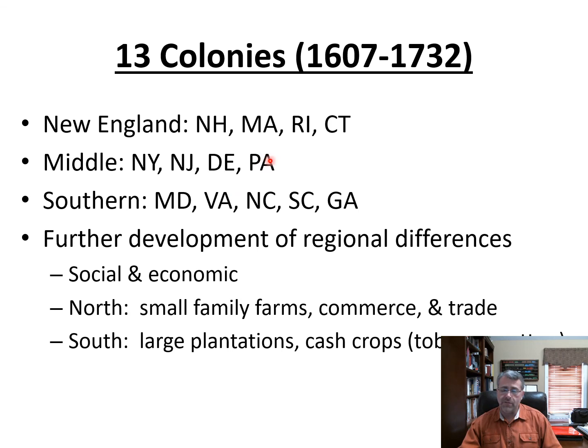Delaware and Pennsylvania, we've got a lot of Germans and other European ethnicities living in these colonies. So these middle colonies have a very distinctive multicultural character. And our southern colonies, as we've already discussed, are starting to all look very similar in that they are centered around plantation agriculture, which is becoming increasingly dependent on slave labor. So we've got three distinct regions of British North America, each with its own cultural character and identity.